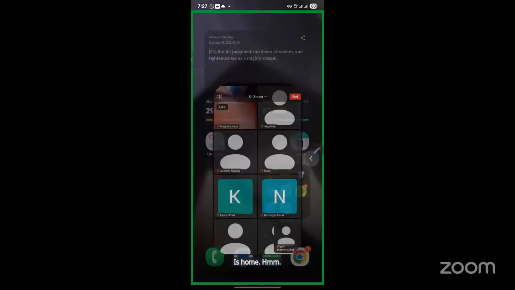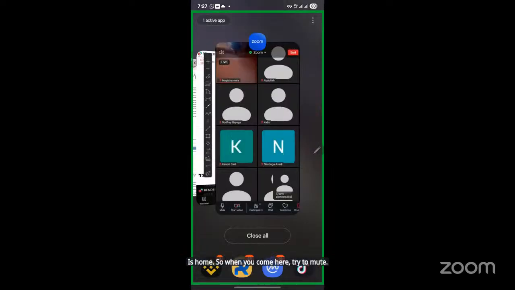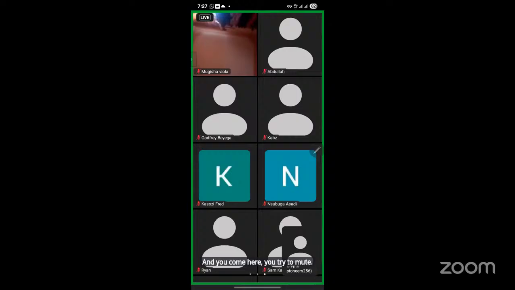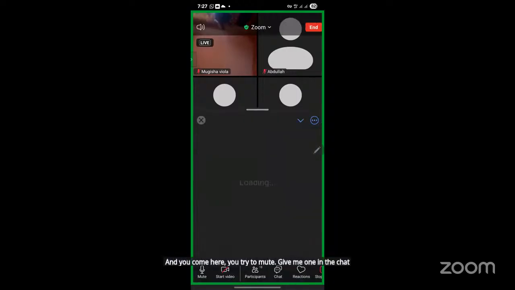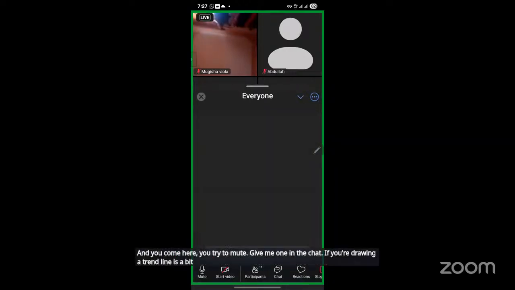When you come here, try to mute. Give me one in the chat if drawing a trend line is a bit easy, and give me two if it is hard.